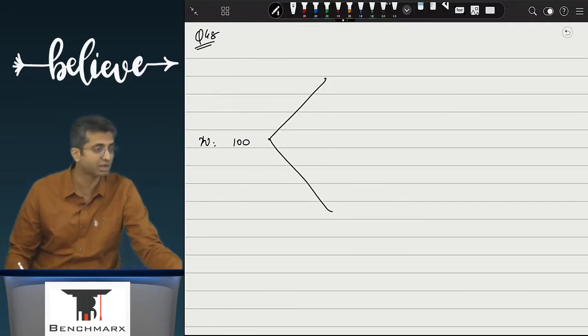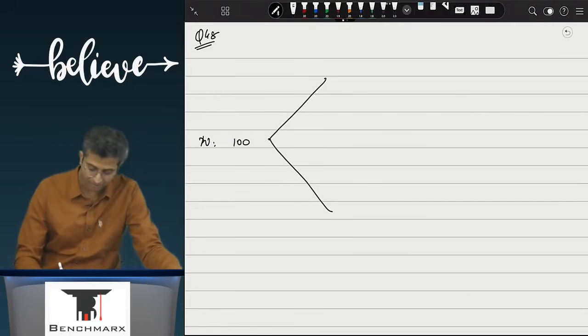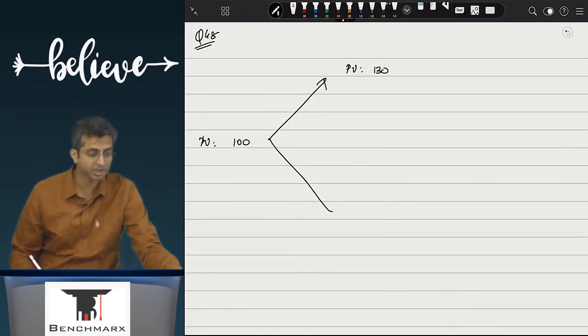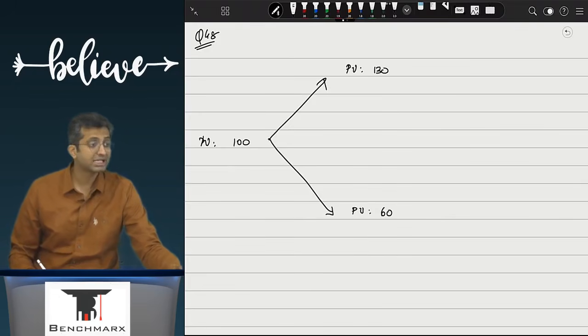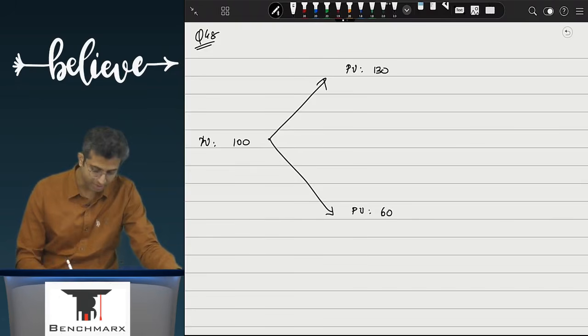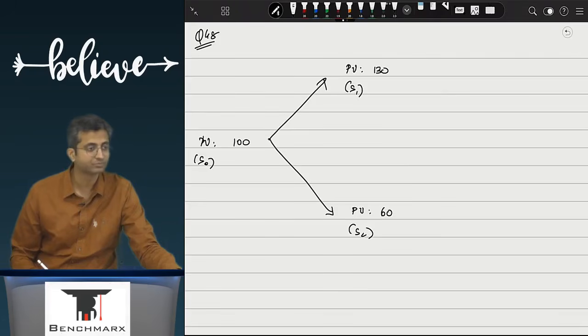Let us say after 1 year. If the spot price goes up after 1 year, we are saying that the present value will become how much? 130, that is 100 plus 30%. But if it goes down, then the value will become how much? 60. It is like spot price. We treat this present value like S0. This is, let us say, S1. This is, let us say, S2.